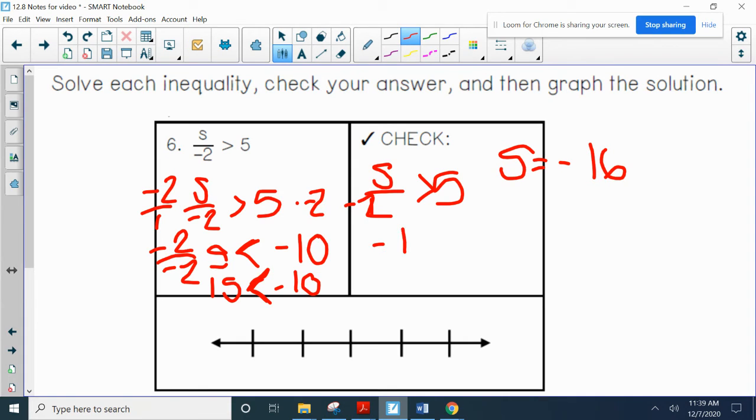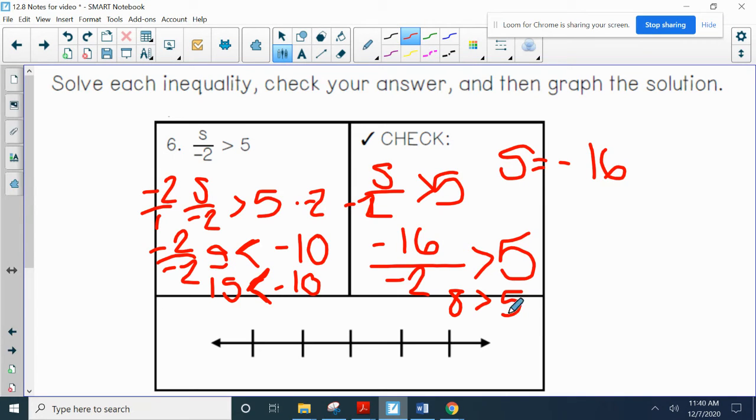So negative 16 divided by negative 2 needs to be greater than 5 for this to be true. Well, 16 divided by 2 is 8. A negative and a negative is going to be a positive 8, and greater than 5. Is 8 greater than 5? It sure is.